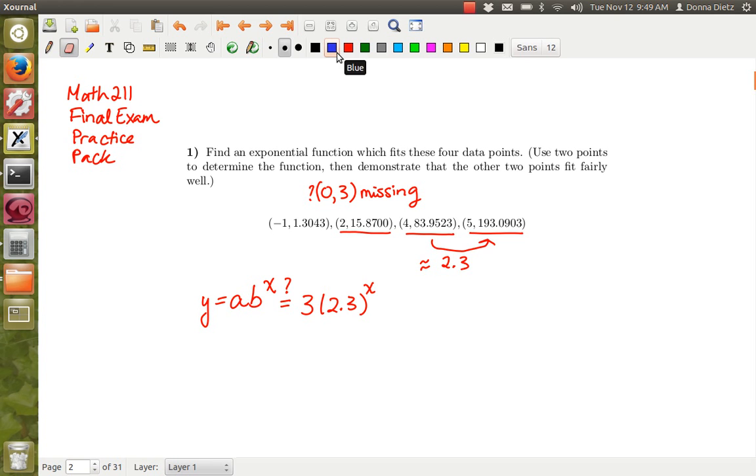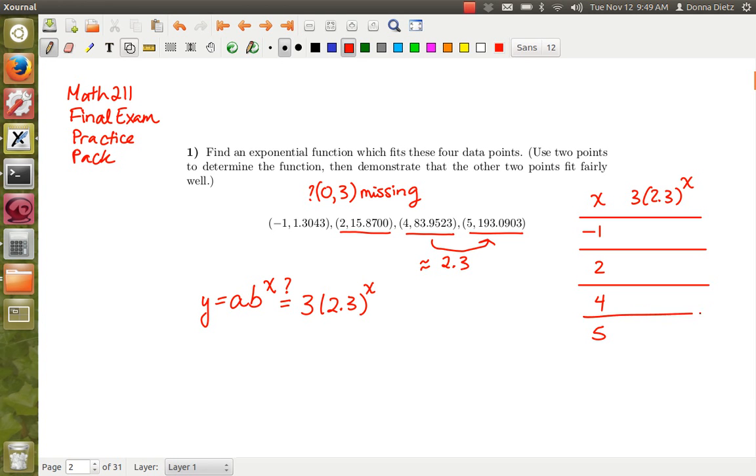So we're going to try and make a table. We can make x or t or whatever it is. Then we're going to go 3 times 2.3 to the x, and just see if this actually does indeed predict everything appropriately. I'm going to throw the 4 and 5 back in because I just made my own point over here, and since it wasn't in the table and I'm kind of guessing, I want to make sure this is right.